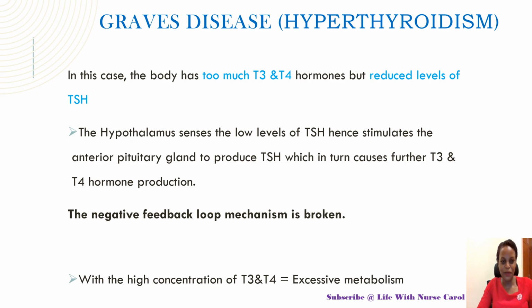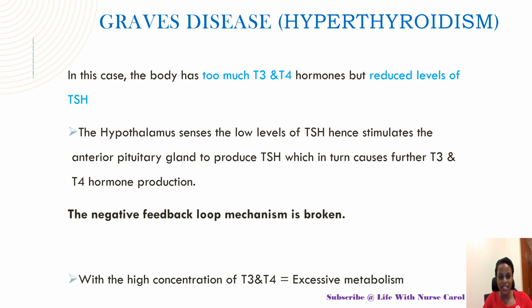So what are these diseases? The first one, Graves' disease or hyperthyroidism. In this case, what happens to the hypothalamic-pituitary-thyroid axis is that the body has too much T3 and T4 hormones but reduced levels of thyroid stimulating hormone.